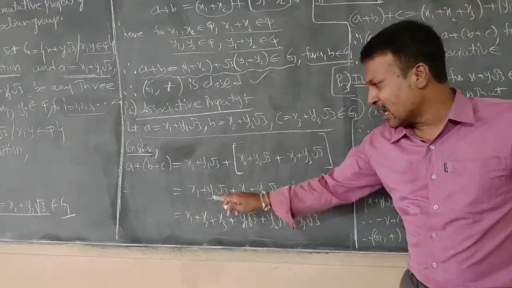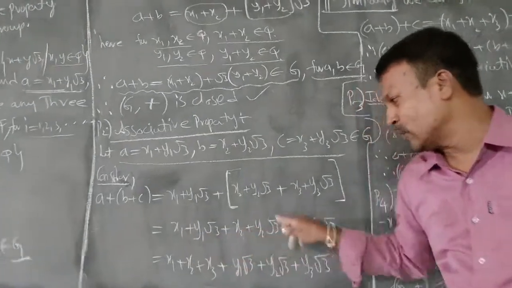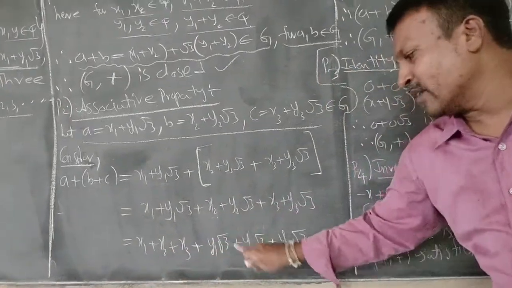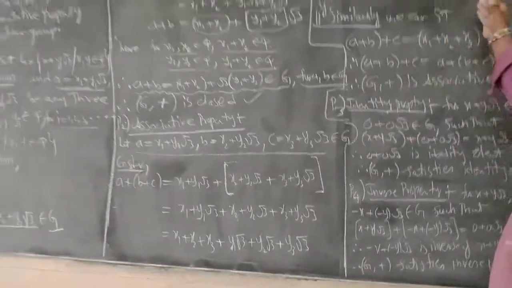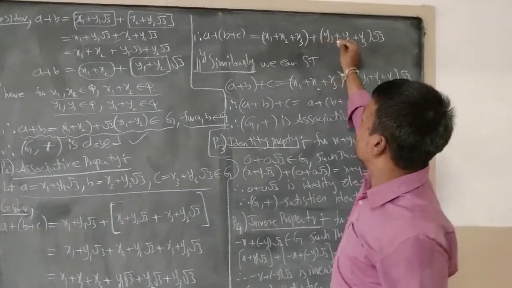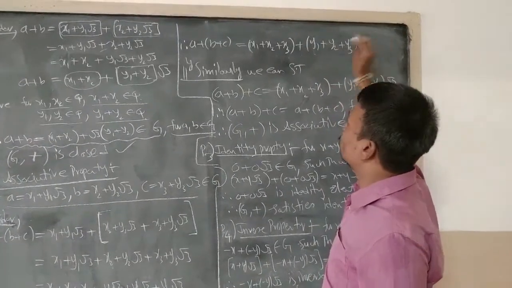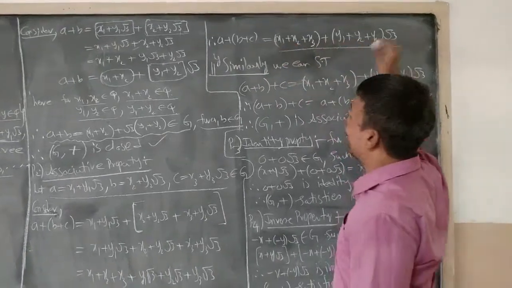Here again I am taking the elements which are without root 3, that is x1, x2, x3 as one term, and y1 root 3 plus y2 root 3 plus y3 root 3. On the whole we can write it as (x1 plus x2 plus x3) plus (y1 plus y2 plus y3) into root 3. It is the left hand value of associative property.